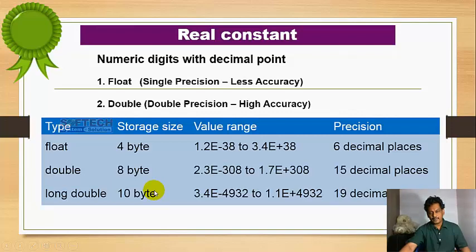Here it is an additional 2 bytes only. The range after the decimal point is 19 decimal places. If we want to store less accuracy, we use float. If we want high accuracy, double.